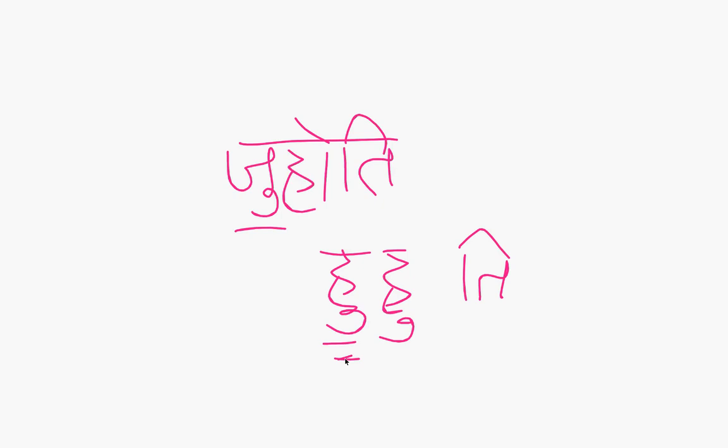So here also duplication is there. The only thing is that because it is a hakara, the duplicated one is pronounced ja, juhoti. Ha many times changes to ja in many places.